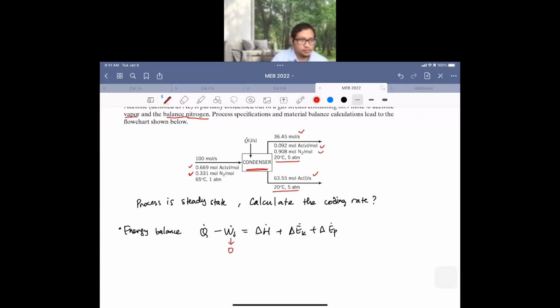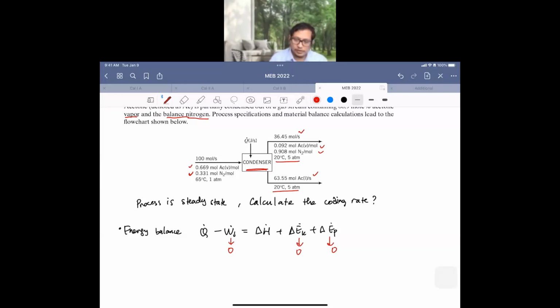And what else? Potentials. There's no mention of any potentials. I think there is no change in temperature, or the temperature change is small, so we can say the kinetic energy is 0 for this one.